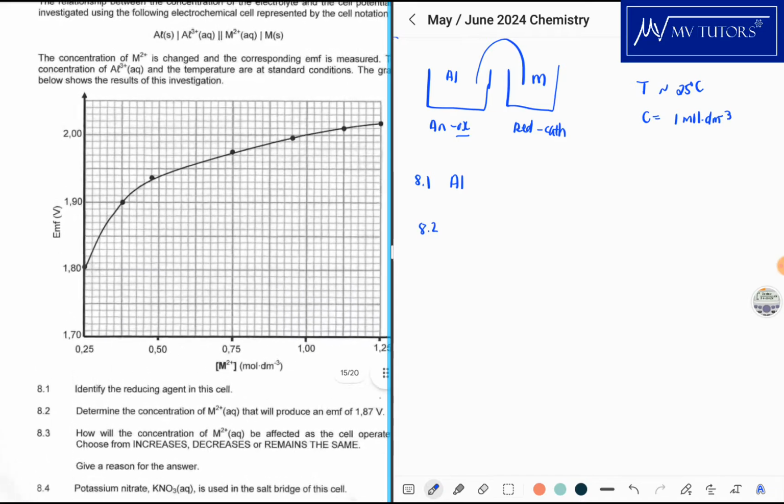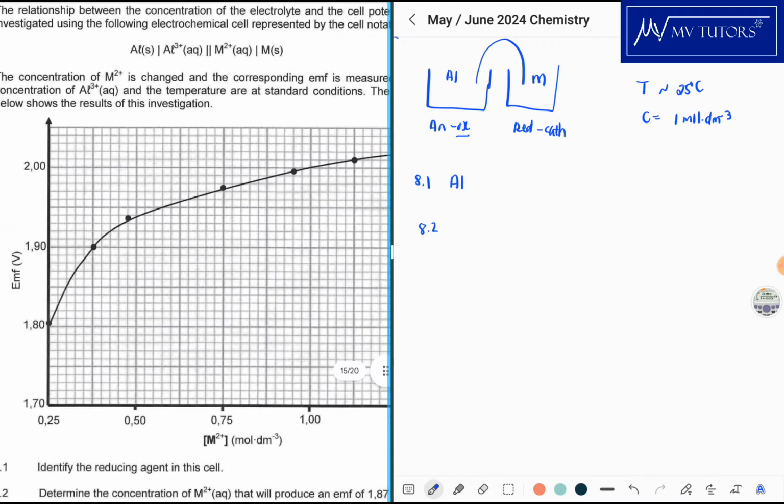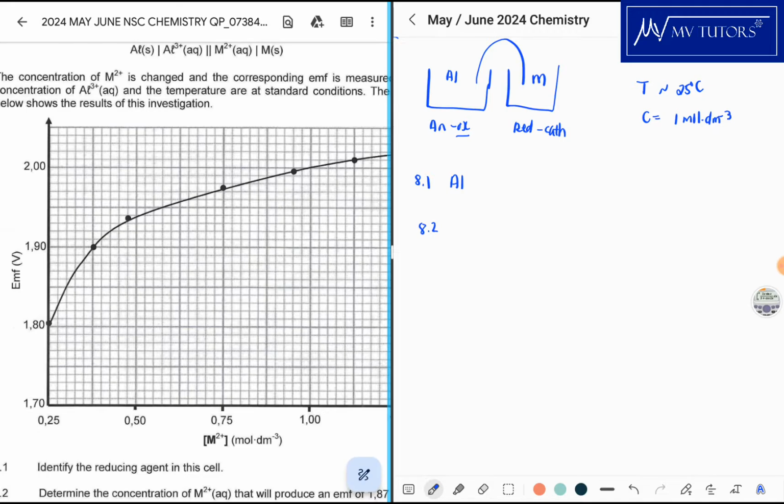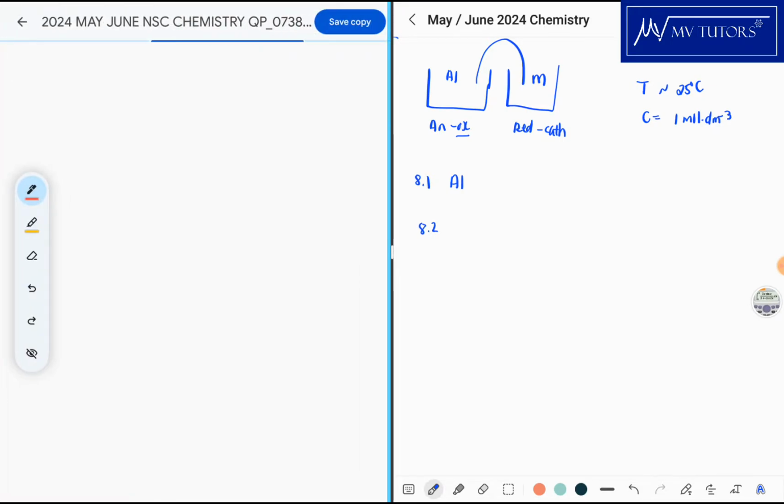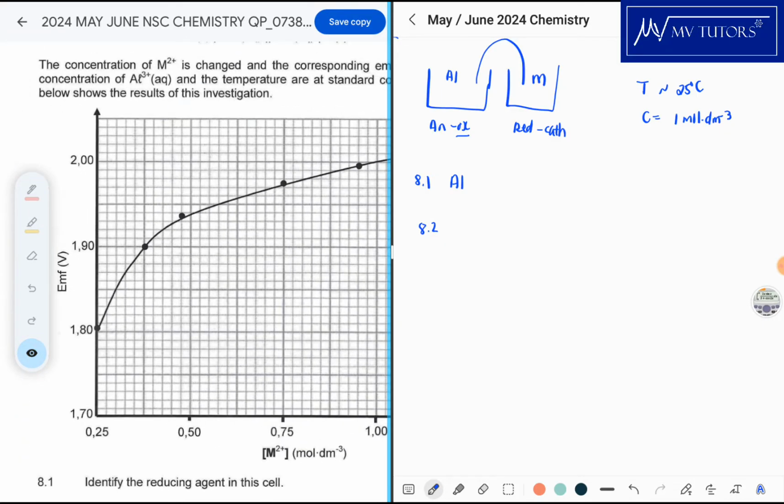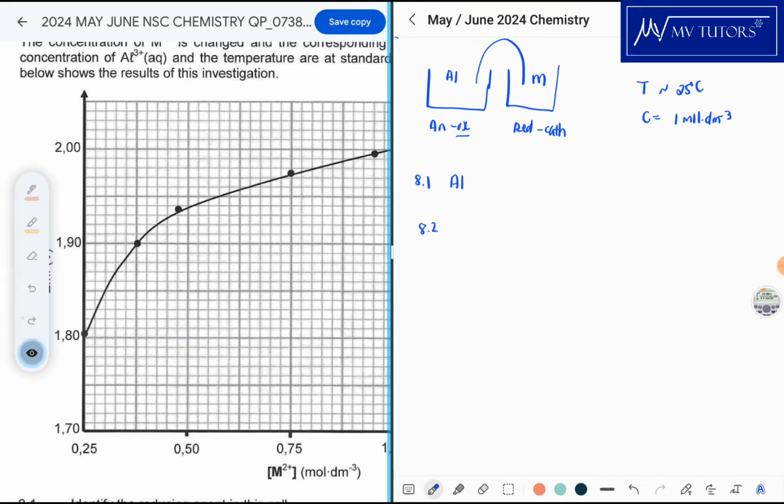If we have a look here, 1,87, let me just try to indicate that. So we can highlight that and see what is what. Yes, so 1,87 is here. And at this point, this is where we are.